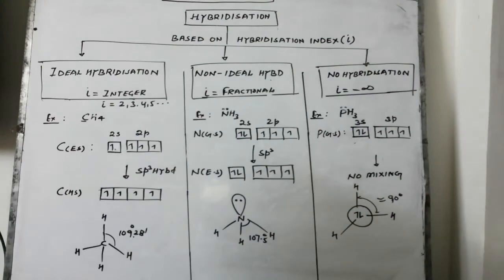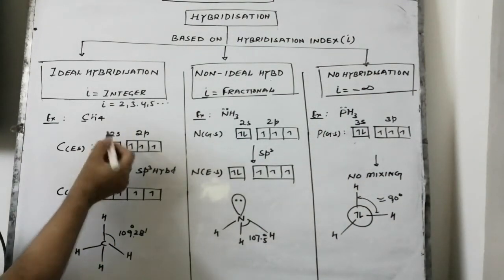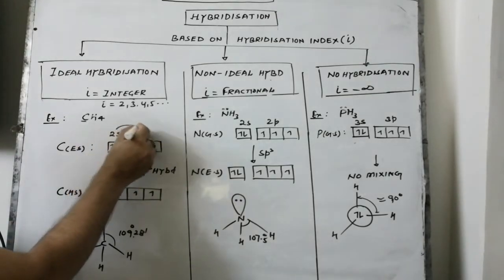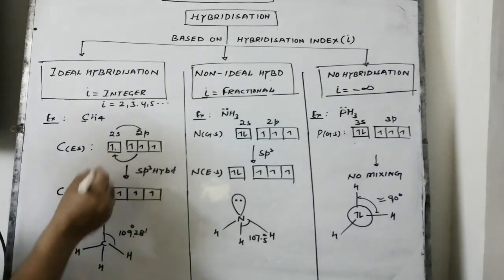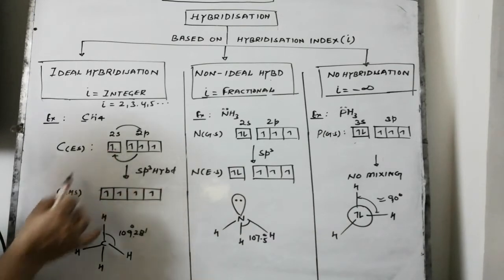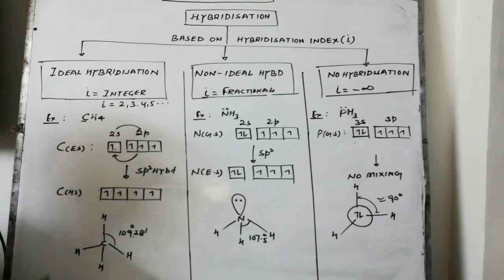So in this specific case, what exactly happens: S is in dire need of P, and P is also in dire need of S. Both have mutual interest, because S wants to achieve the directional property, and P wants to lower its energy.